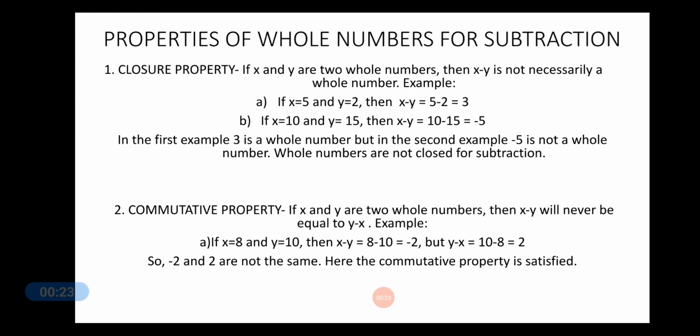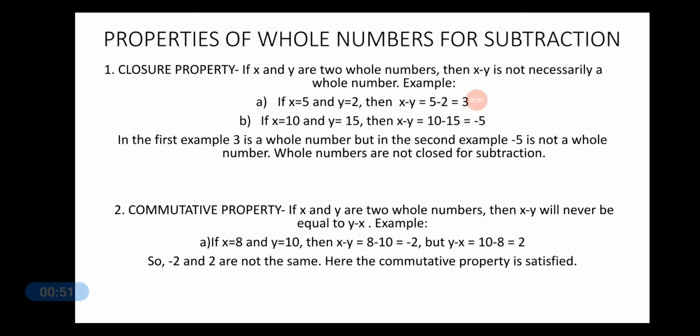First, the closure property. If x and y are two whole numbers, then x minus y is not necessarily a whole number. For example, here the value of x is 5 and that of y is 2. So x minus y, that is 5 minus 2, is equal to 3.